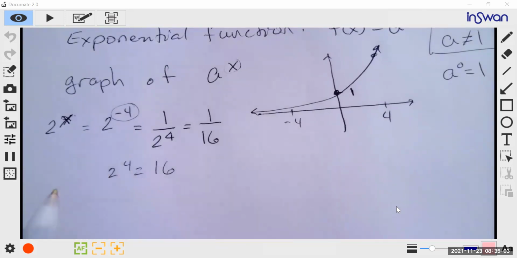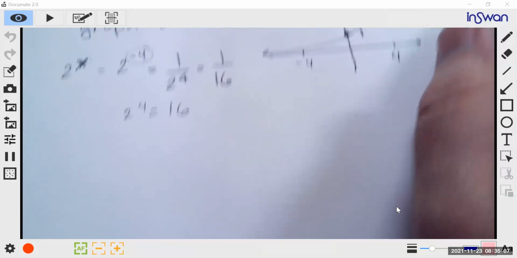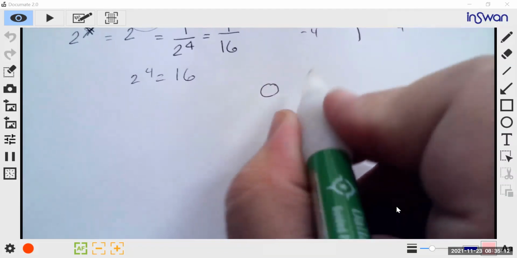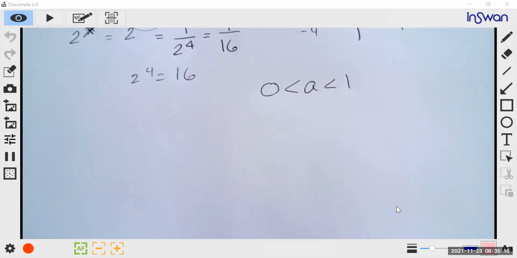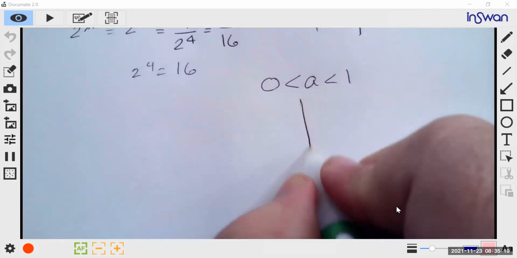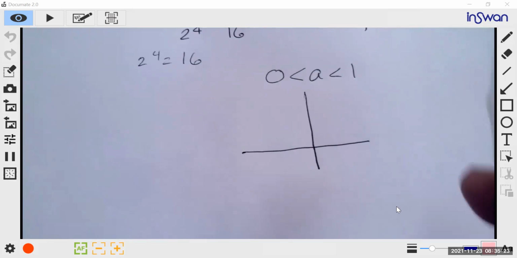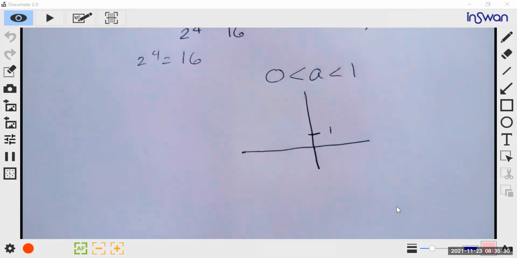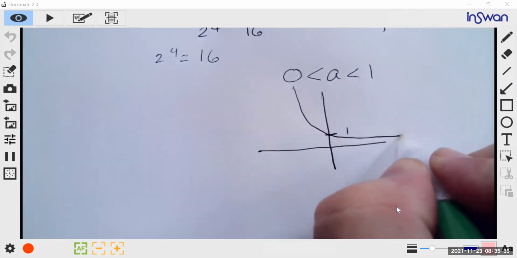So what this says, we have two things to look at. Remember, a has to be positive. If a is between 0 and 1, in other words, if a is a fraction, it crosses through 1, it's a decreasing function.